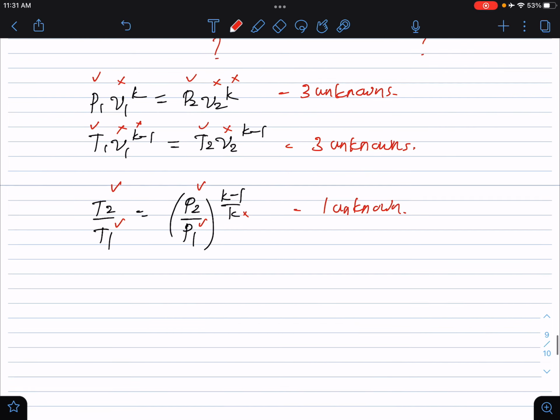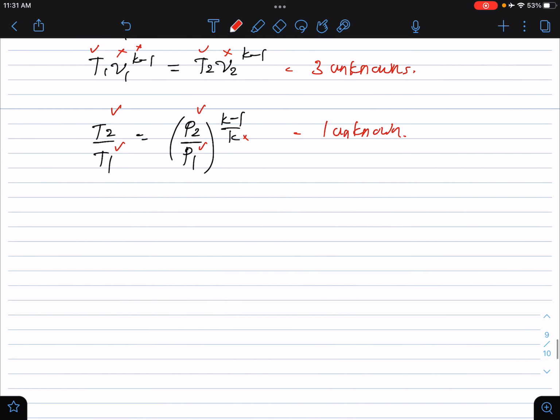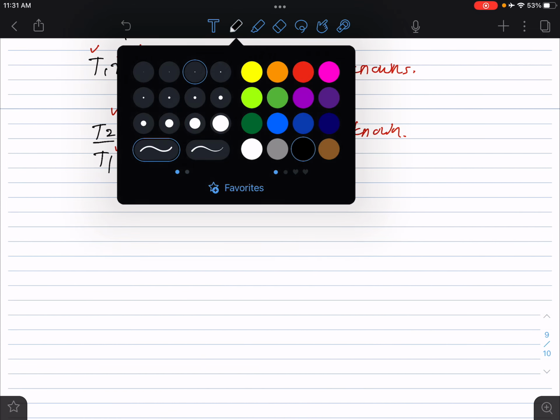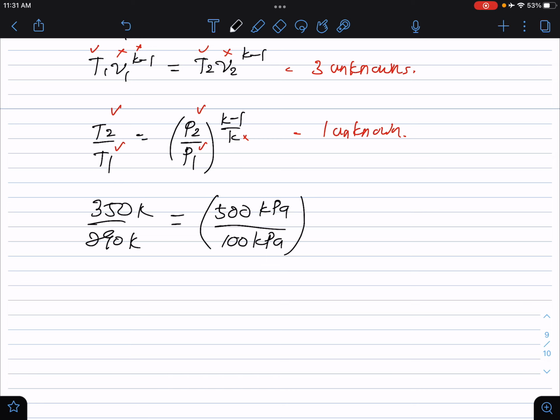Since this is the selected equation, you can put the values here. T2 over T1 is 350 over 290 Kelvin, equivalent to P2 over P1, which is 500 kPa over 100 kPa. Make sure the units are consistent. So this is the power of (k minus 1) over k.